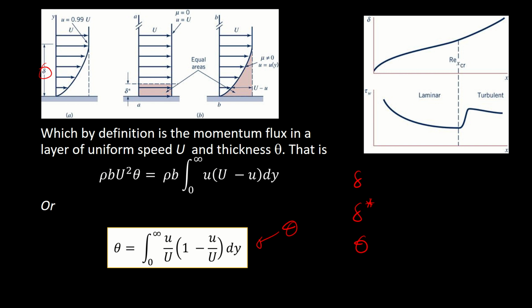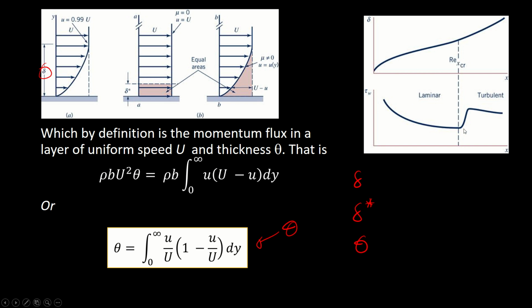Okay, so first, as you can see in this figure, the delta, which is boundary layer thickness, and then this is wall shear stress. As you can see in the laminar region, the wall shear stress decreases as the flow passes the plate.